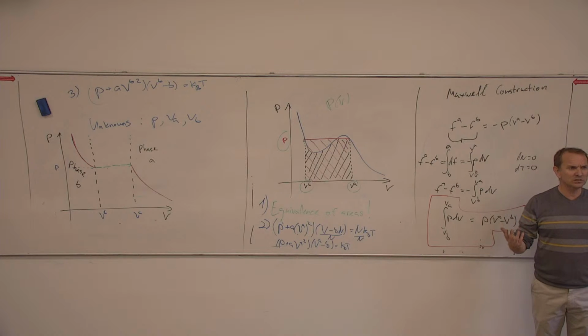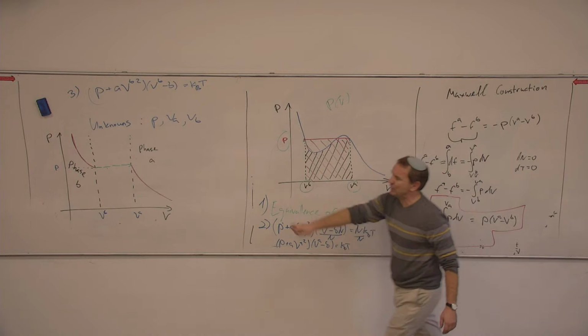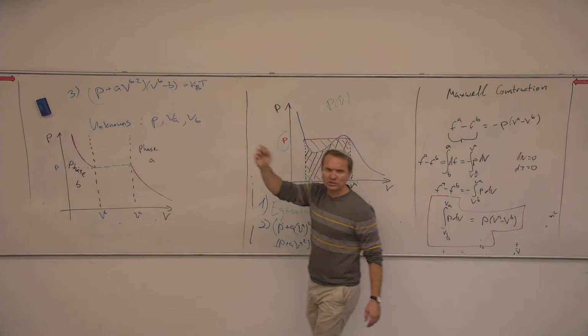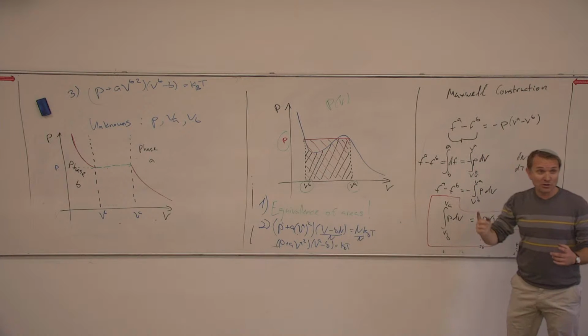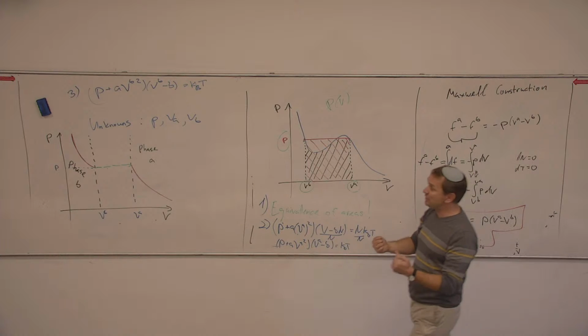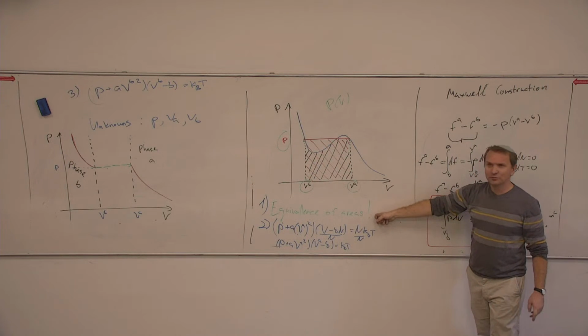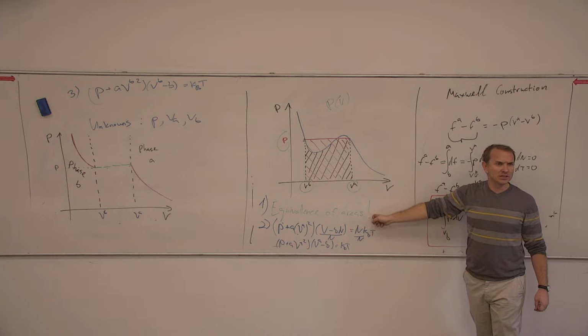I use a general description. The additional two equations, equation number 2 and equation number 3, those are the ones that help me solve exactly what P is and what nu A and nu B are. But the equivalence of areas is a very general statement.